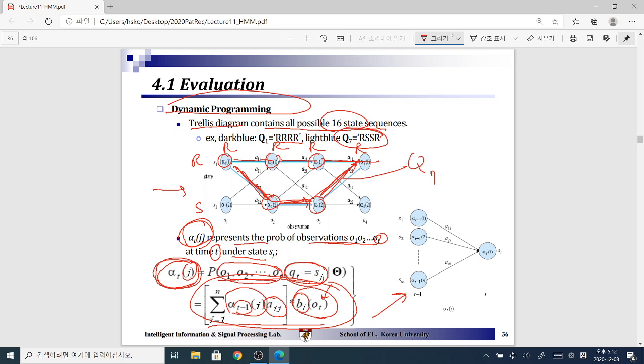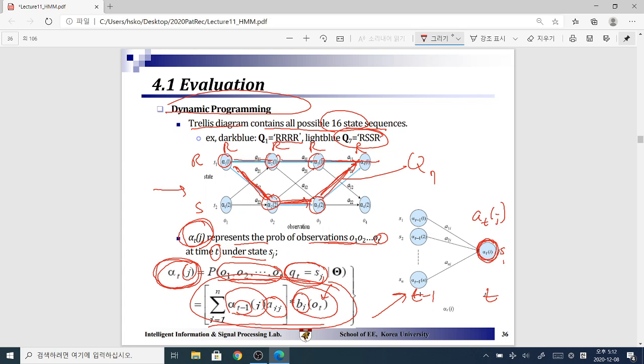And just to describe this in a diagram, let's say that you are at time t here, and this is t minus 1. At time t, this is the state, where this node is represented by alpha sub t of j, meaning that you are at the node at state j.